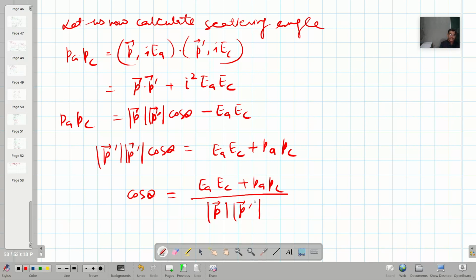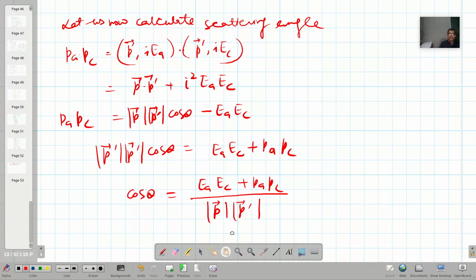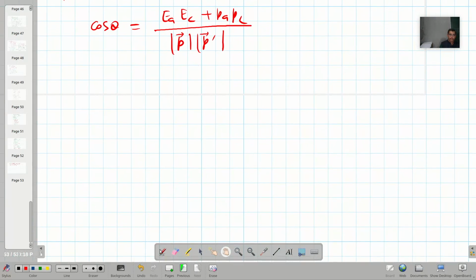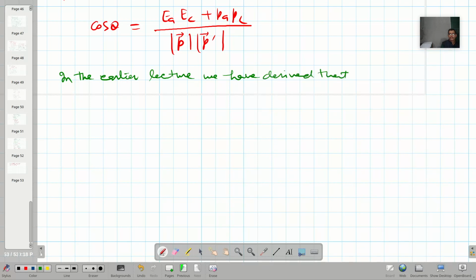In the earlier lecture we have derived that 2 PA PC is equal to T minus MA square minus MC square.